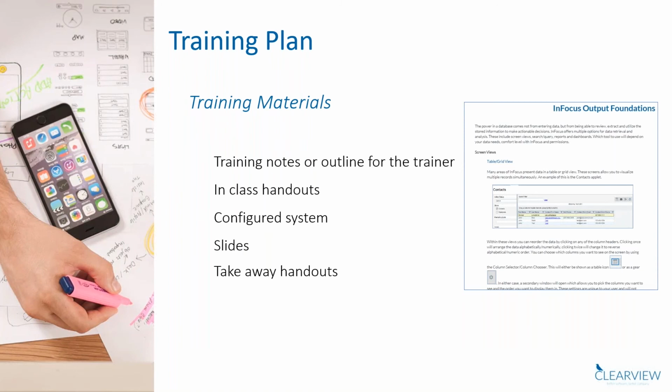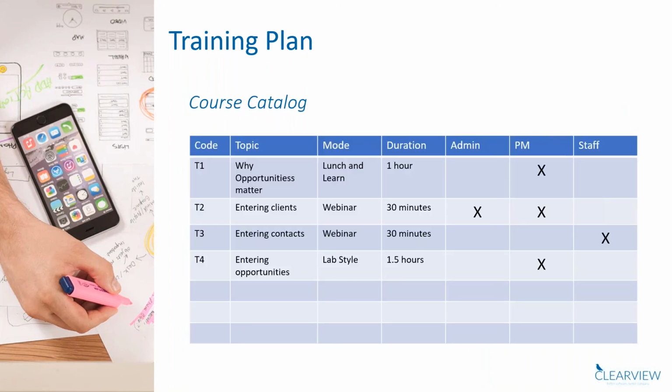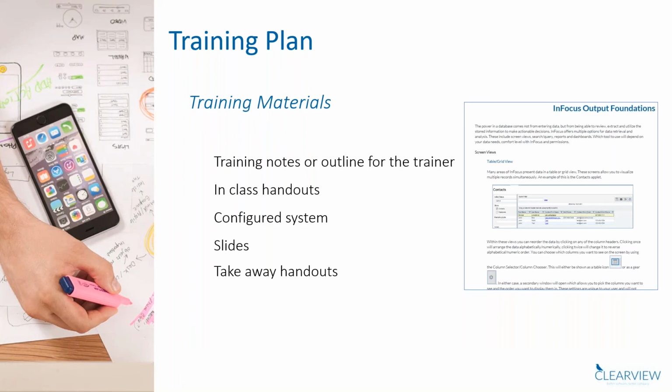Okay. Training materials. Training materials are huge, and they should really follow. If you actually looked at one of my course catalogs, going back here a bit, they actually have a few more columns on them of, have I made my slides? Have I made my handout? Have I made whatever? So that it becomes more comprehensive. But training materials are huge.